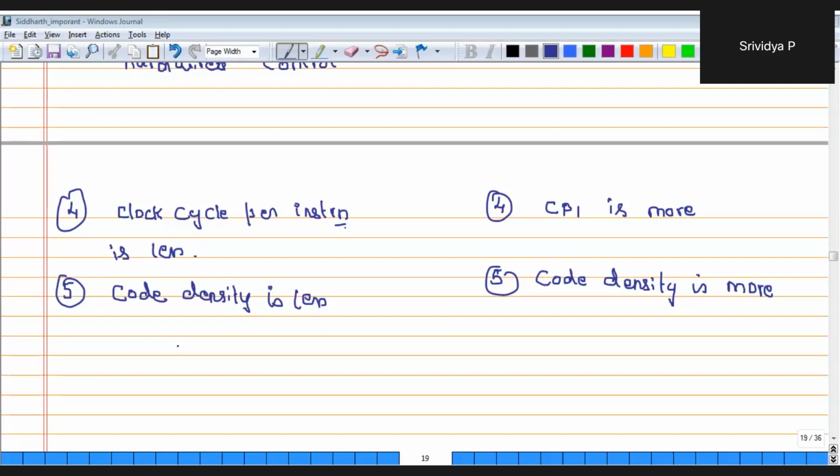In CISC, the instruction size can vary. It can be 8 bits, 16 bits, 32 bits, or 64 bits. So, since the instruction size varies, the code density is also more in case of CISC architecture compared to RISC architecture. So I can say RISC architecture has fixed length instructions, whereas CISC architecture has variable length instructions.